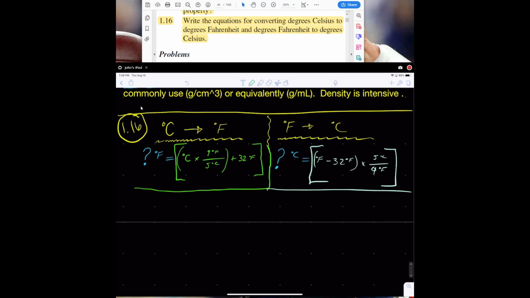So again, a little recap. The 3 temperature scales that are currently in use have units of degrees Fahrenheit, degrees Celsius, and Kelvin. Kelvin is denoted as capital K, as we mentioned in the SI unit table.